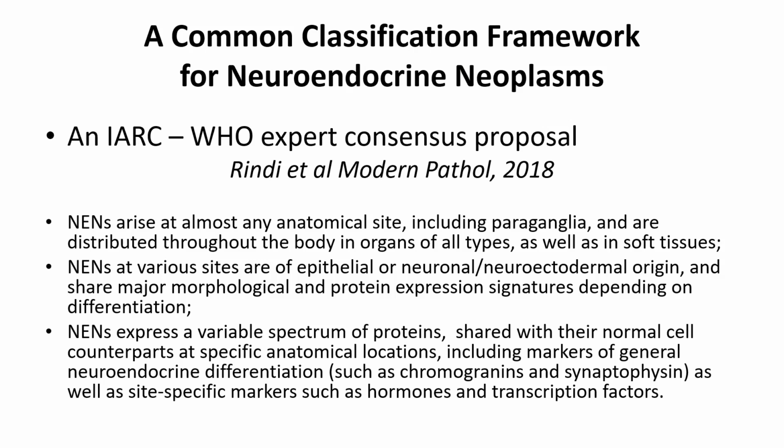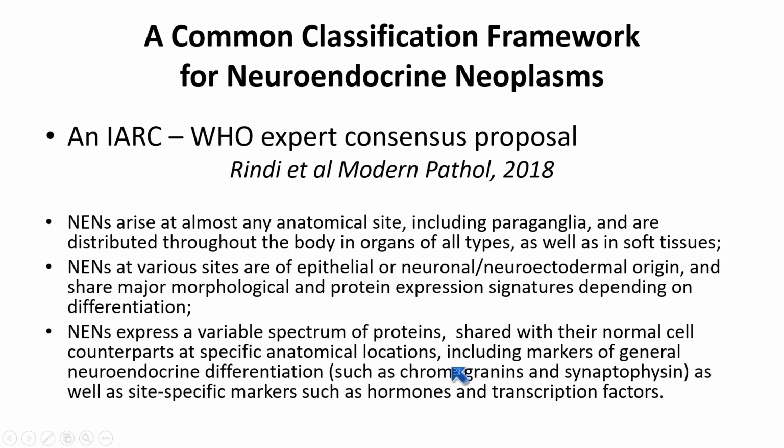They can be epithelial or neuronal. The epithelial ones are all the ones that arise in epithelial tissues. Paraganglia are neuronal or paraneuronal, but they all have the same structures and functions. They express very similar proteins like INSM1, synaptophysin, chromogranin, somatostatin receptors, all of these things that all neuroendocrine cells do.